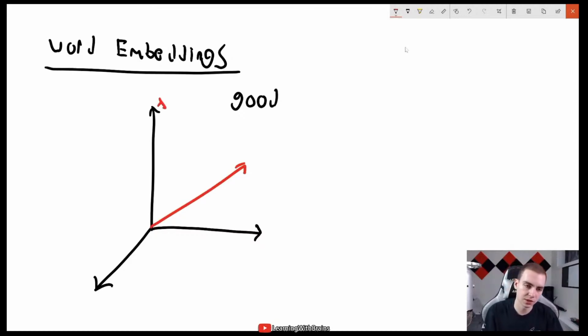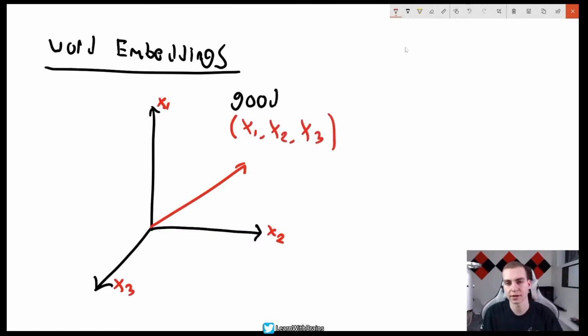And in this case, we'll say we have x1, x2, x3 as our dimensions, which means that every single word in our data set will be represented by 3 coordinates, so one vector with 3 different dimensions, where we have x1, x2, and x3.